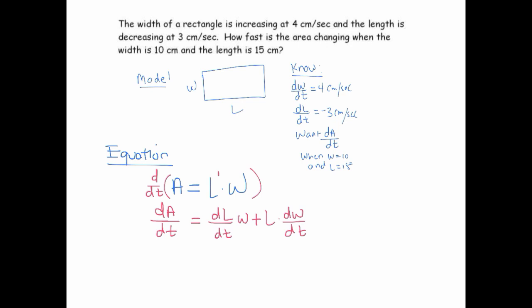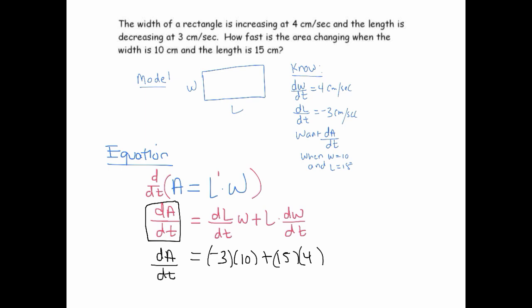So now we've got our differential equation here, and we're going to be able to solve for this. We're going to substitute in dL/dt, which is -3. At the instant we're interested in, W is 10, so that's a 10. L is 15, and dW/dt was a 4, and that will give us our dA/dt. I should have put that in as our step to be thorough.